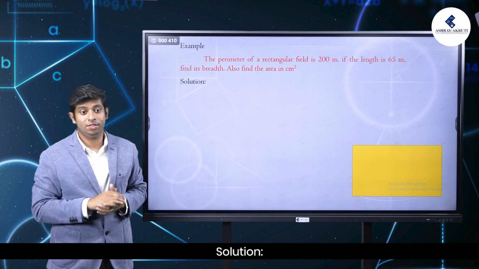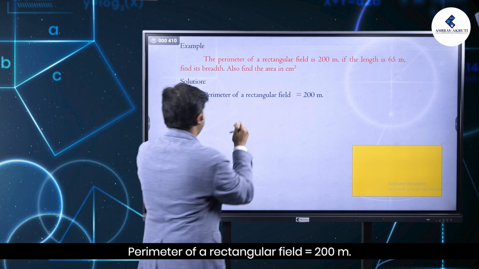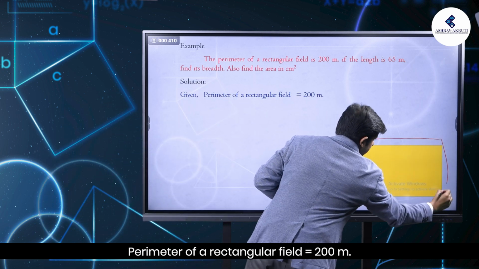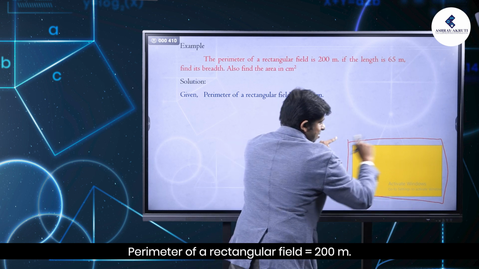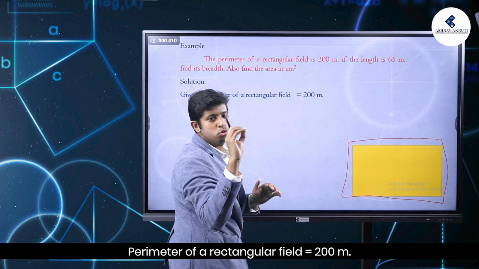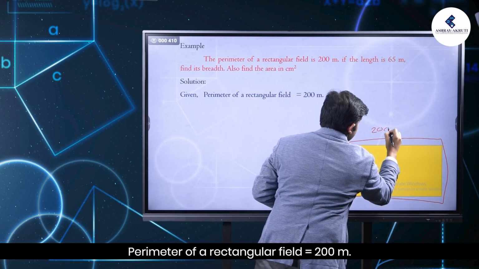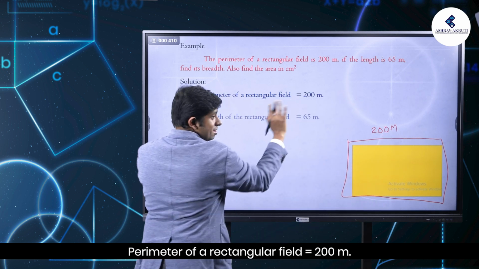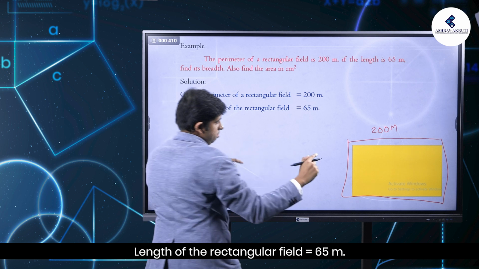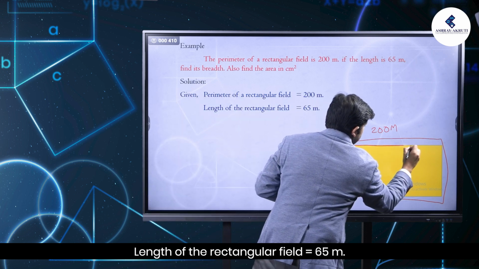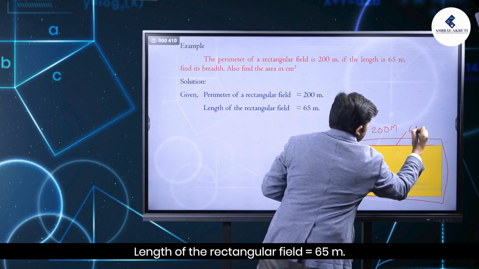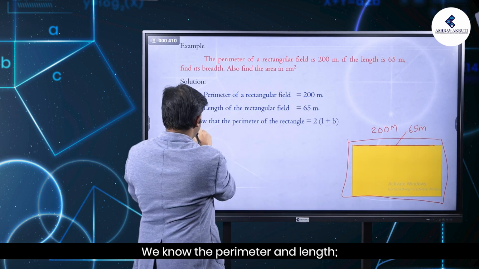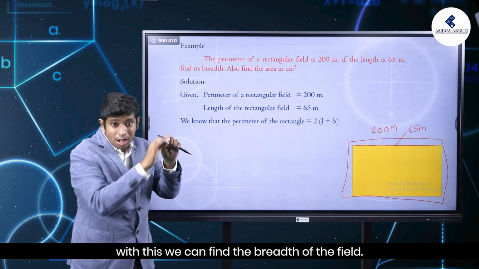Solution. Given. Perimeter of a rectangular field is equal to 200 meter. Length of the rectangular field is equal to 65 meter. We know the perimeter and length. With this, we can find the breadth of the field.